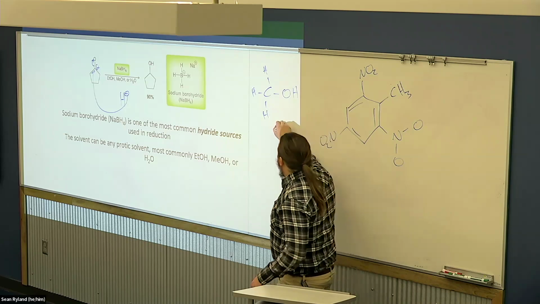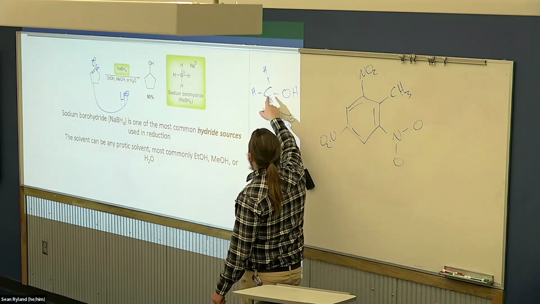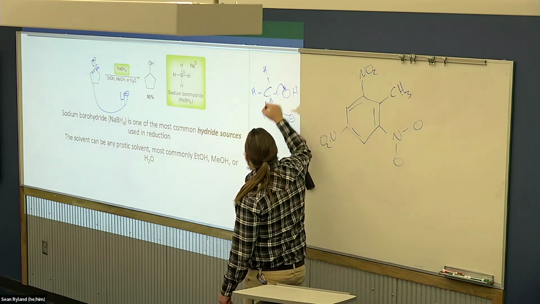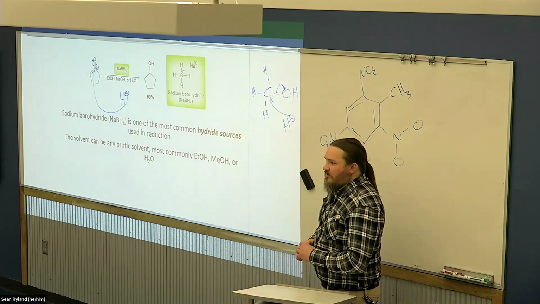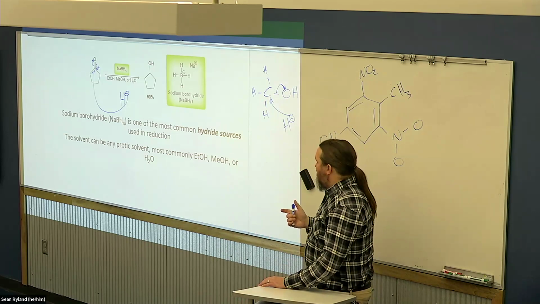In order for the hydride to attack here, we would need to have a leaving group leave as well. And oxygen doesn't make a very good leaving group. So we don't wind up with a competing reaction in this case.